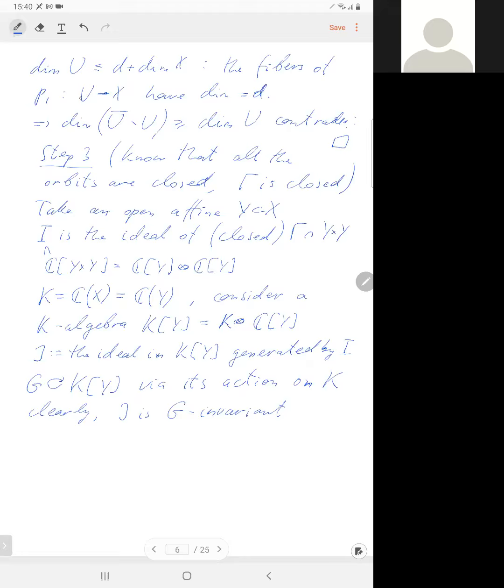Okay, and then our next step will be that J is generated by G invariant elements.